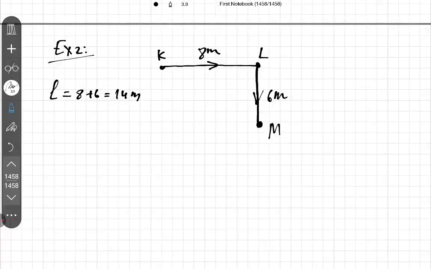And try to calculate the displacement. We said that the displacement is the shortest distance from the initial point to the final point. The initial point is K, the final point is M, and we draw a straight line from K to M. So this one is displacement. In order to find the length of this straight line, we should use Pythagoras' theorem. So here you have the sides of the triangle, 8 and 6, and we want to find this one.